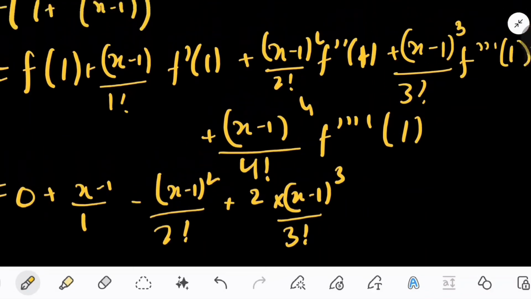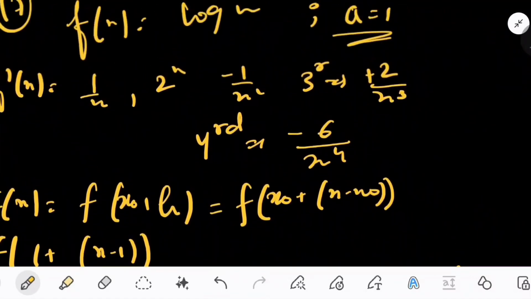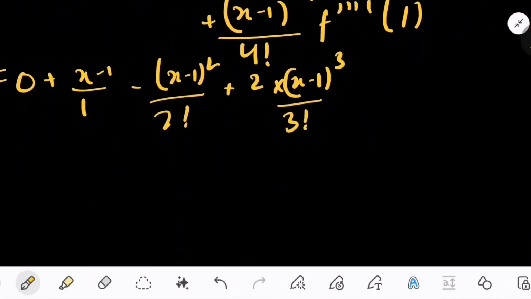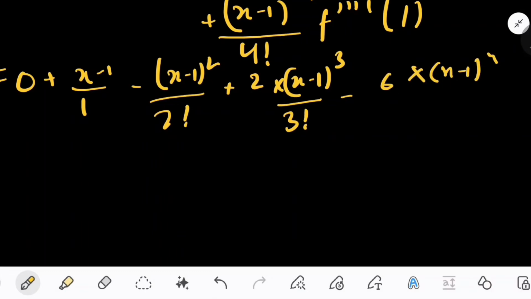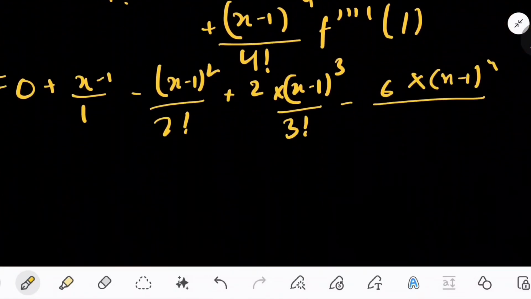I hope if there is some calculation error, you will figure it out, and I'm just telling all the method that how you can do it, okay? Maybe I make some calculation error, so kindly bear with it. To the power 4 upon 4 factorial, right?